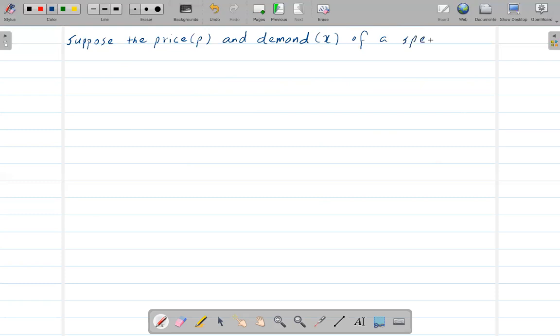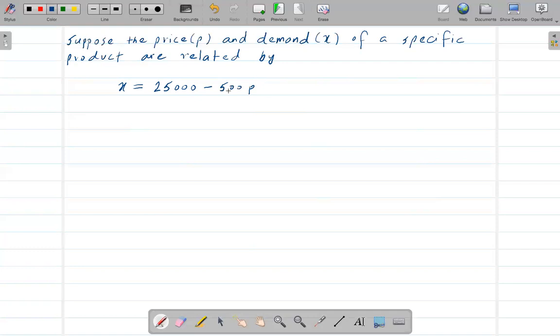of a specific product are related by a certain function. Let's say the function is x equals 25,000 minus 500 times P, or 500 times price.